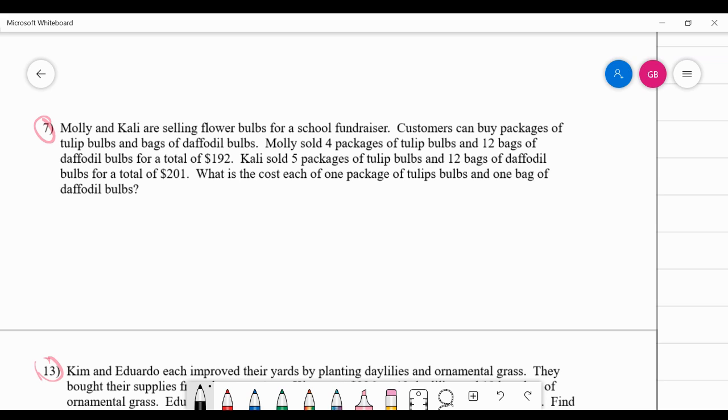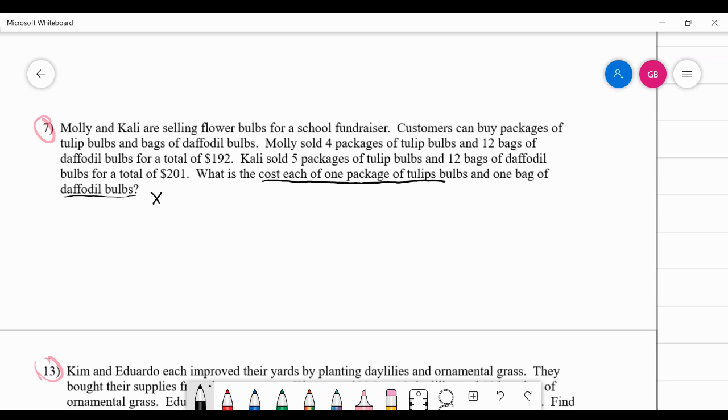Step number 1, identify the unknowns. So for this problem, we want to find the cost of the tulip bulbs and daffodil bulbs.